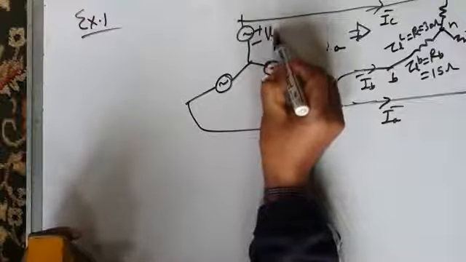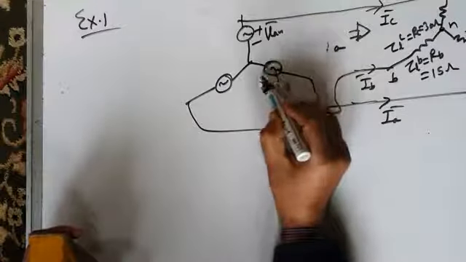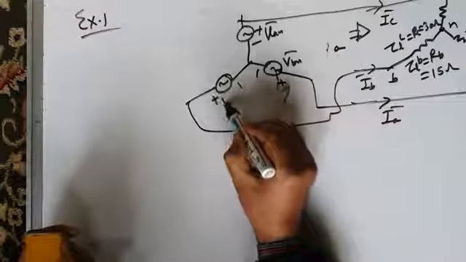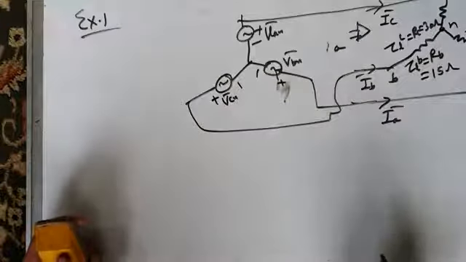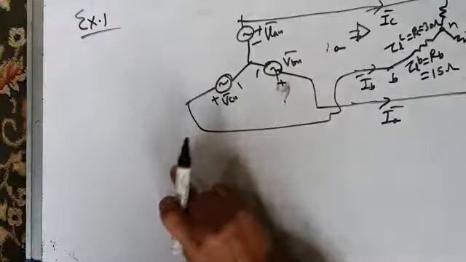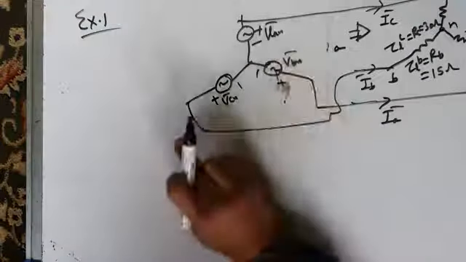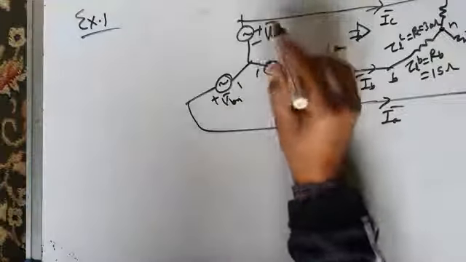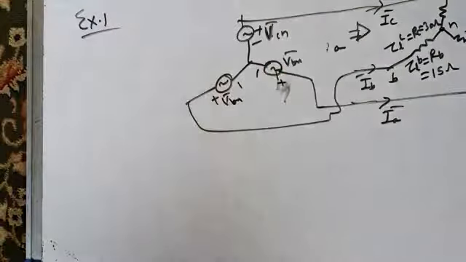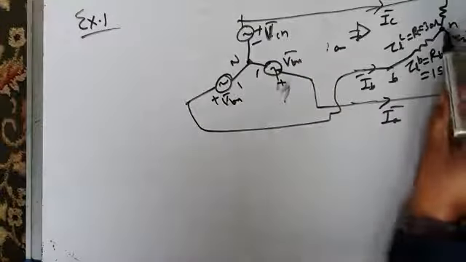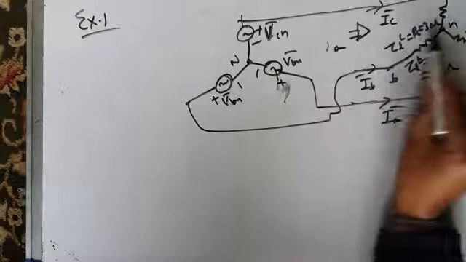This is VAN, this is VBN, and this is VCN. This is the supply neutral. You have to find voltage between these two neutrals.